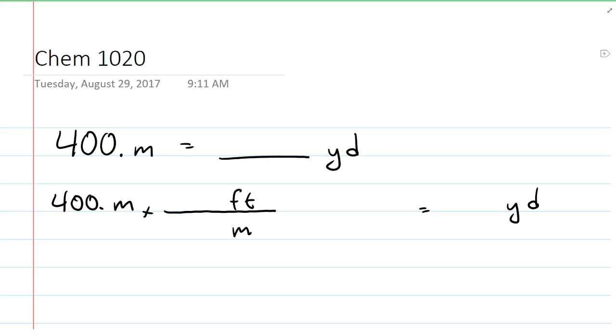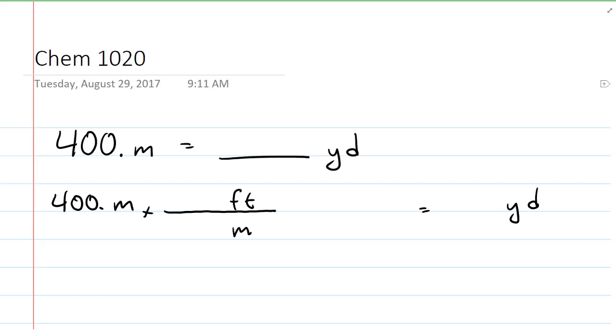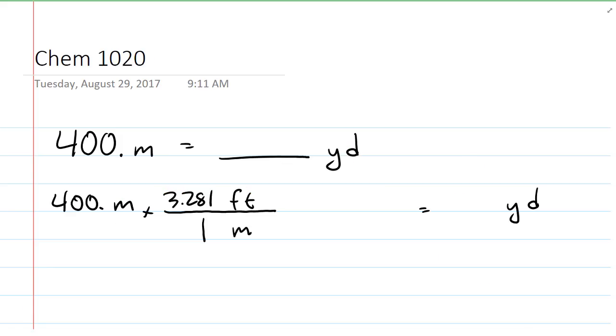Meters. Do I go back and retrieve those numbers? How many feet do we have? 3.281. On the bottom, how many meters? 1 meter. And that comes from this right here. Then, at this point, if we cancel out units, this would give us feet.